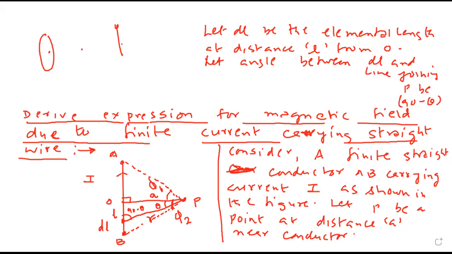We have not taken theta this time; we have taken 90 minus theta. So instead of sin theta, we will write sin of 90 minus theta. Please copy this much.